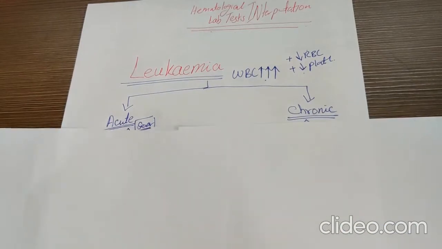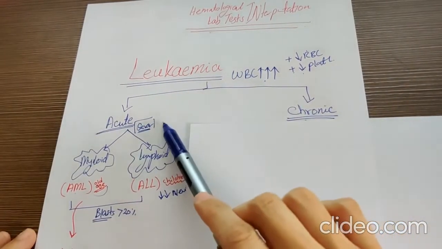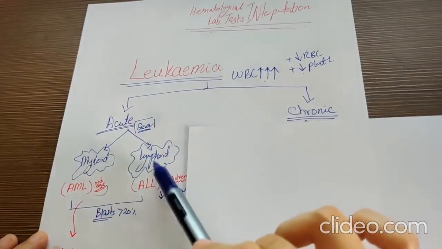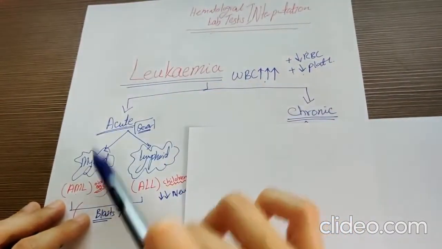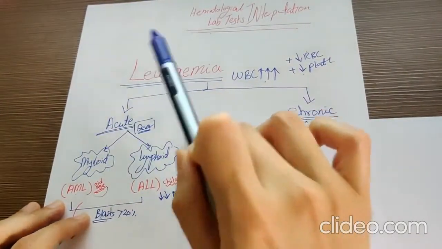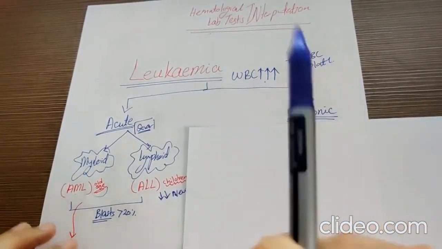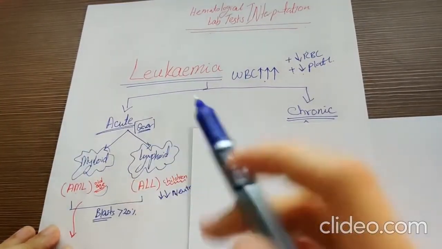So I will start with acute leukemia. You must know that it is a severe type. We have myeloid and lymphoid, so number 1 is acute myeloid leukemia and number 2 is acute lymphoid leukemia. Both of them are acute.